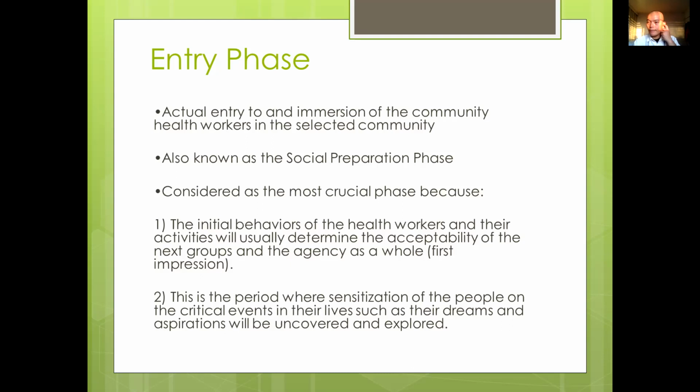And there should be understanding or communication between the formal and informal leaders of the community and the healthcare workers who would like to go into that specific community. So once everything has been pre-planned, the next phase after your pre-entry phase is your actual entry phase already.